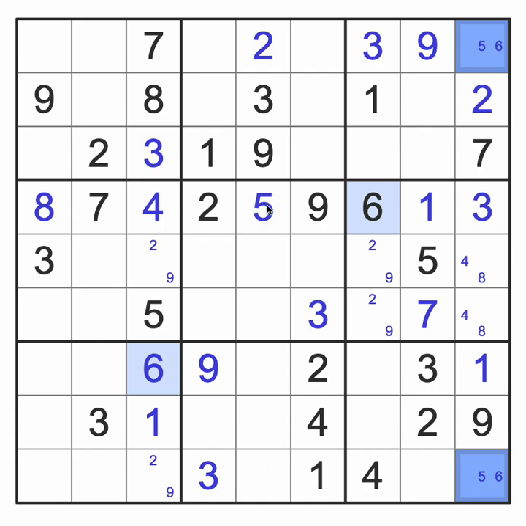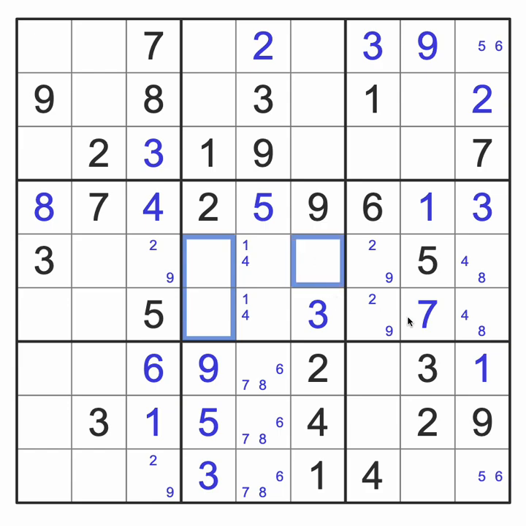Five, 6. Oh, okay. 5 in box 5 blocks these, gives me 5 here, and these are 6, 7, 8 triple, which gives me 1 and 4 here, and these are 6, 7, 8. I don't think that helps right away, so I'm just going to leave it like that.